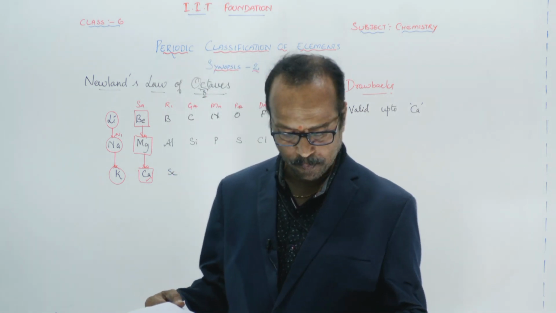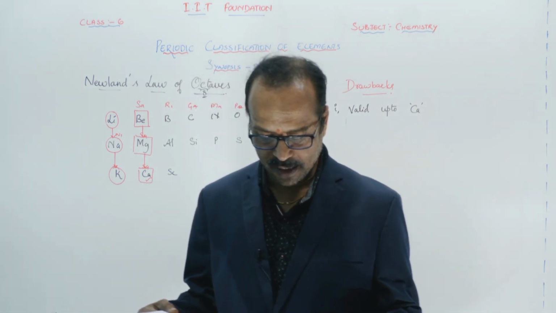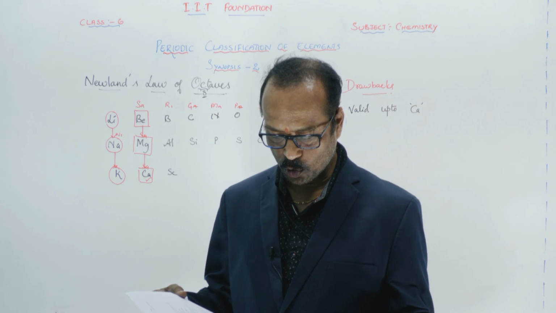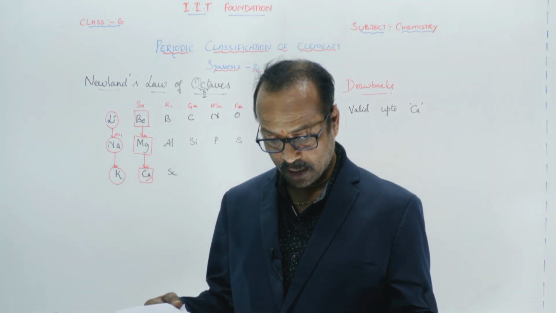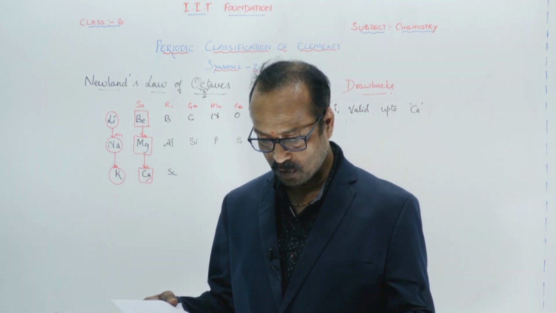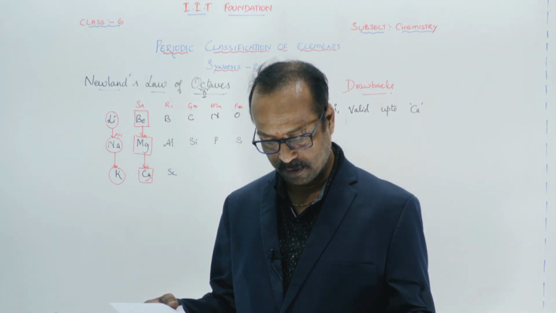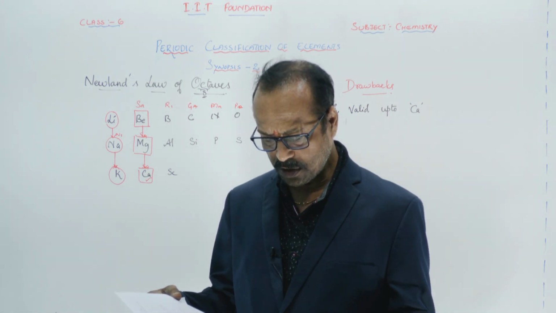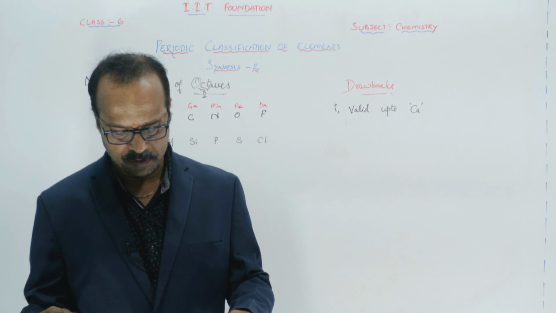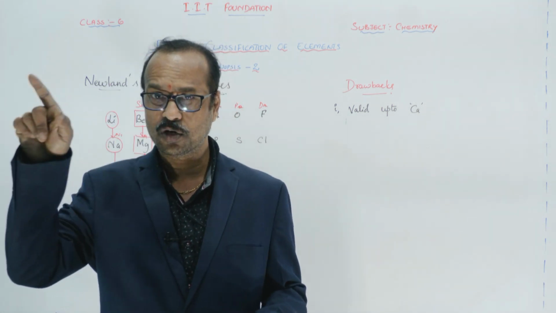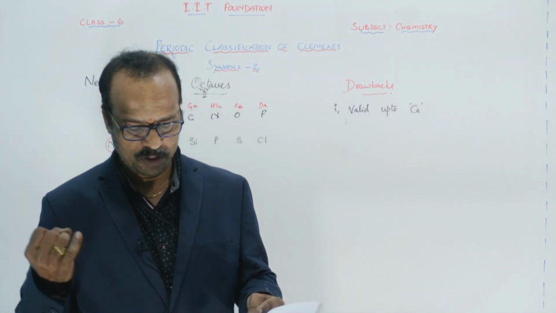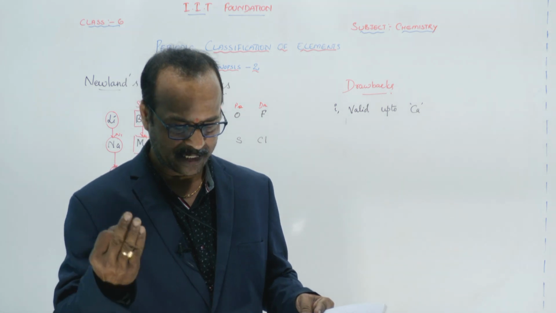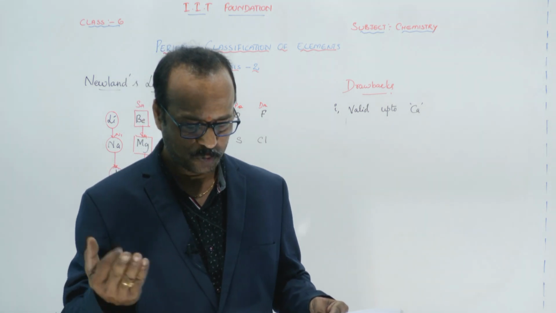So the option is 2. The electronic configuration of an element is 1s2, 2s2, 2p6, 3s2, 3p3. Find the atomic number of the element which is just below this element in the periodic table. First count all the electrons: 1s2 is 2 electrons, 2s2 is 2 electrons, 2p6 is 6 electrons, that is 10, plus 2 plus 3, 15.